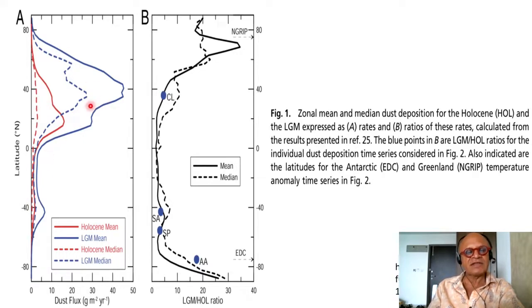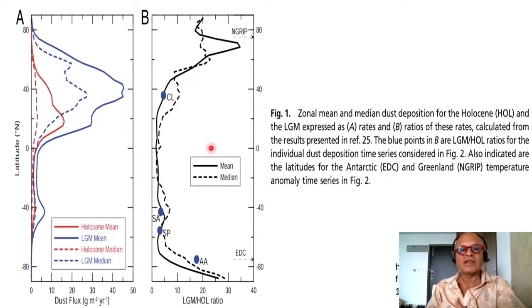Estimated from the past, you have the last glacial maximum mean, which is about 20,000 years ago, and the median. Obviously, dry glacial periods have much higher dust fluxes on average in grams per meter squared per year. This is a global number.